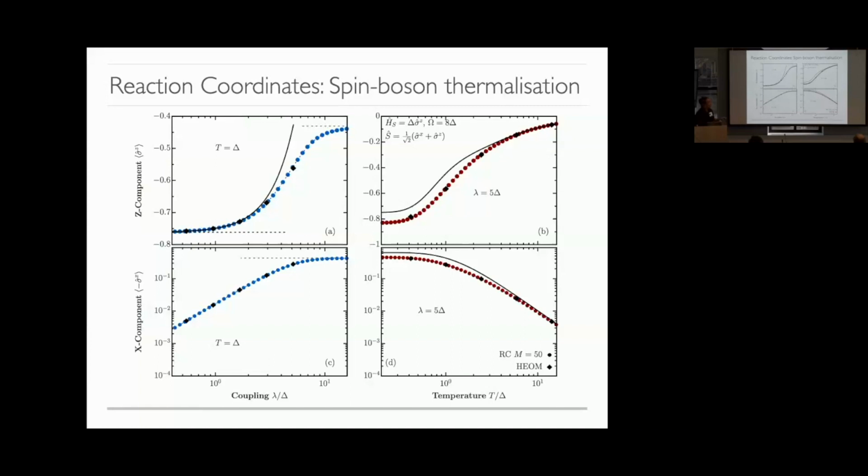So it's very powerful. You can obtain both the sigma Z component and the X component accurately. And at strong coupling, it also works very well for any given value of the temperature. Very simple, very nice.